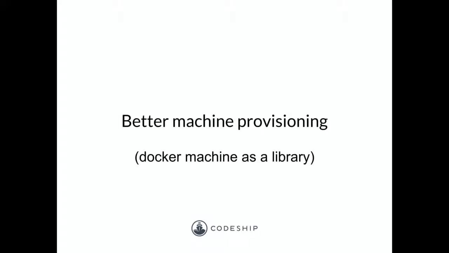Docker Machine right now is a CLI, but it's not a library yet, which means it's kind of hard to automate because you've got to shell out to it. But being able to orchestrate your physical machines or VPSs through the same tools that you use in CI and in development means you're going to get that host level parity across the entire system. So that's something else we're also really looking at.